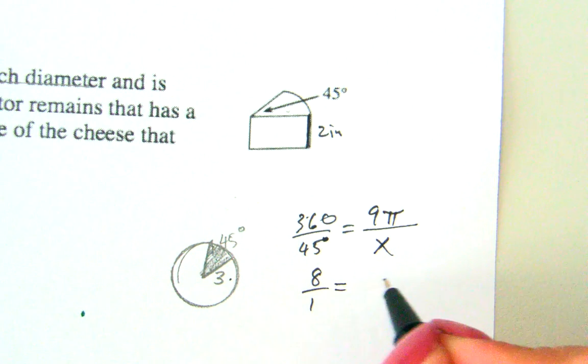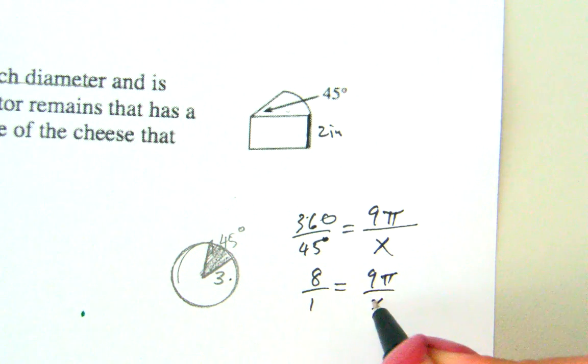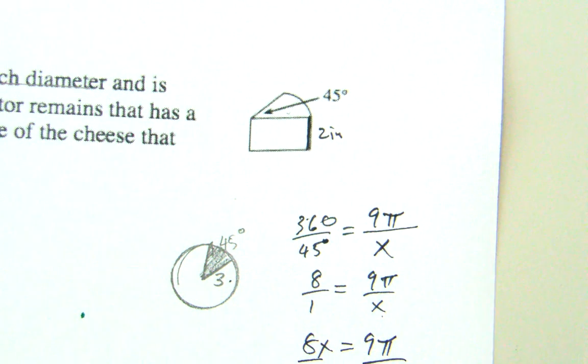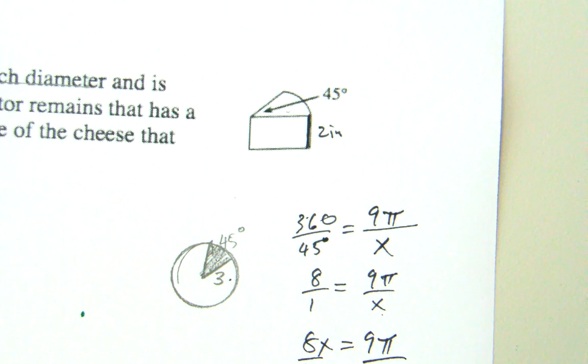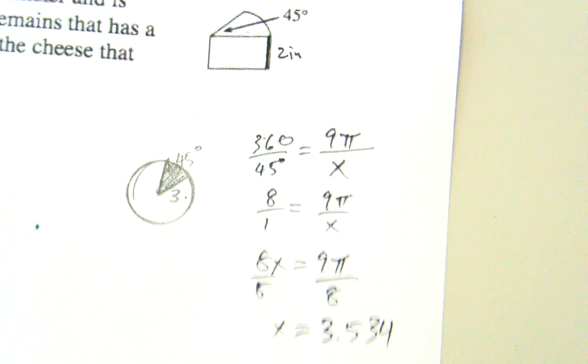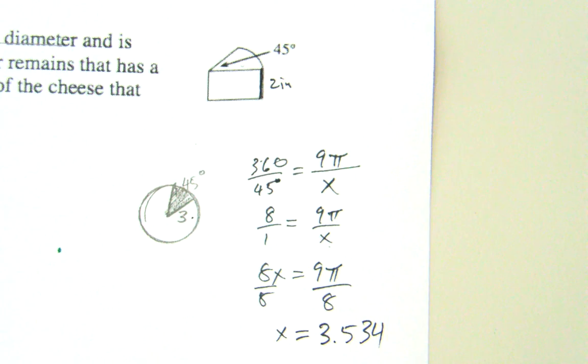So 8 over 1 is equal to 9 pi over x. So 8x is equal to 9 pi. So x is equal to 9 pi divided by 8. So 9 times pi divided by 8 is 3.534. All right. There we go. Around 3.534. You're welcome.